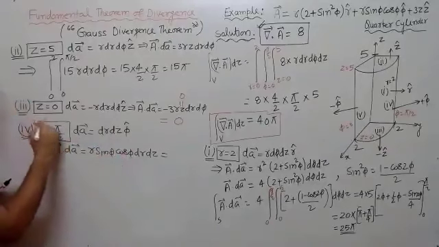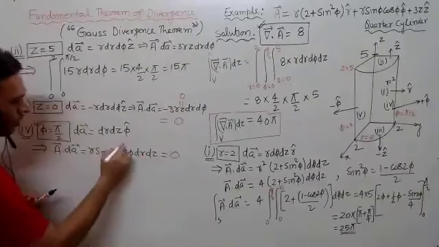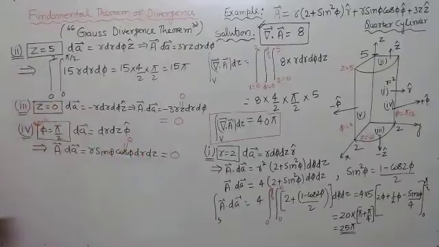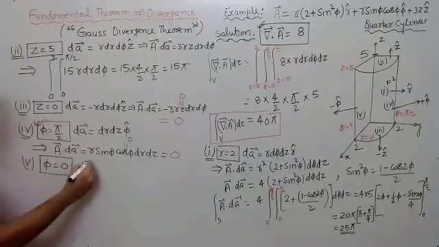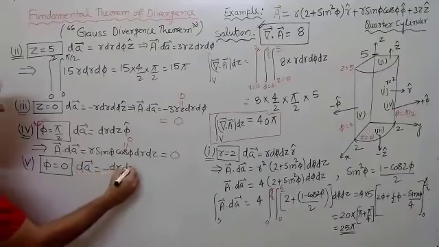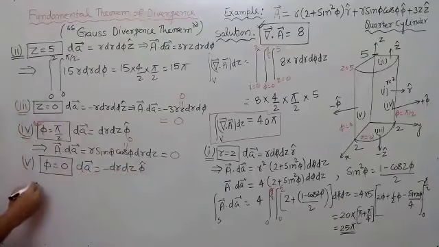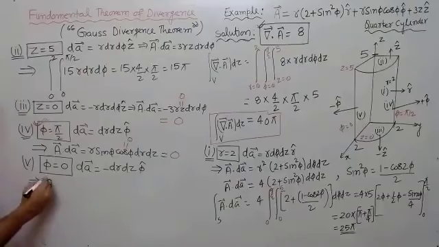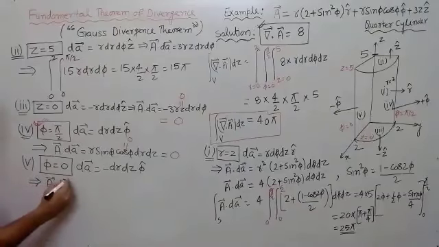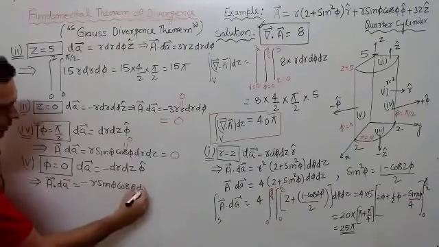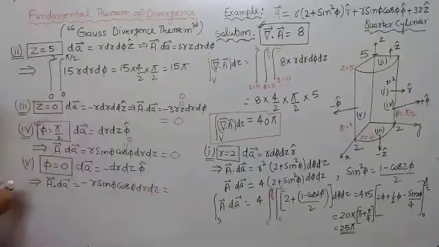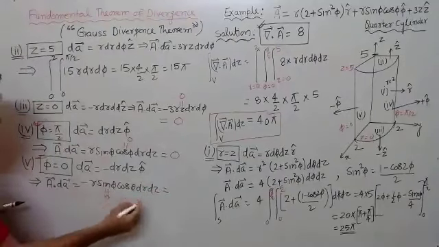So this value will be 0. And then on surface 5, phi is equal to 0 plane. So dA will be minus dr dz phi cap. So A dot dA is minus r sine phi cos phi dr dz. In this case, phi is 0, so sine 0 will give you 0. So this is also 0.